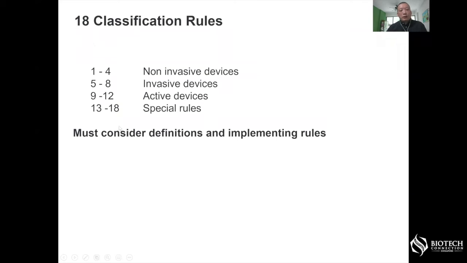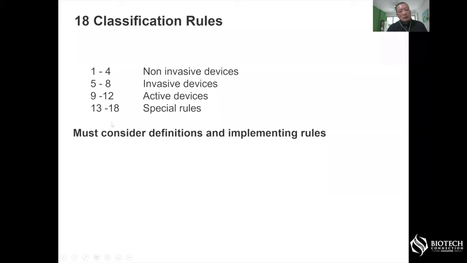If you look at all these 18 rules, you will be able to know your product classification. But because of the time today, I will just briefly go through how it works. I won't be able to read everything in detail, but at least I want to give you the basic idea of how it works. Because I worked in a notified body before, we have much experience classifying products.